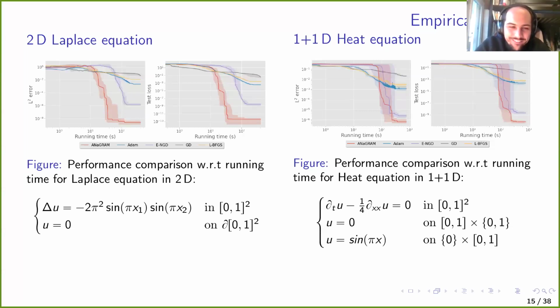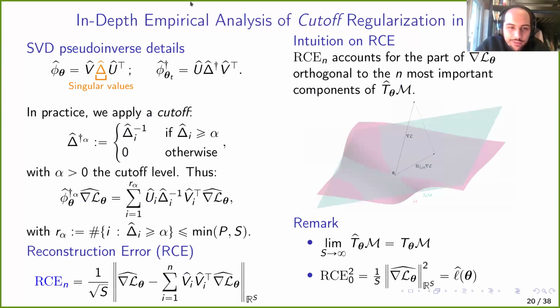Thank you. So precisely, I defined the pseudo inverse of the Jacobian, but in practice we need a regularization scheme, otherwise it doesn't work. The way we do it is by applying a cutoff. We define a level alpha, and for all the singular values greater than alpha, we take the inverse, and for the other singular values, we just drop them.